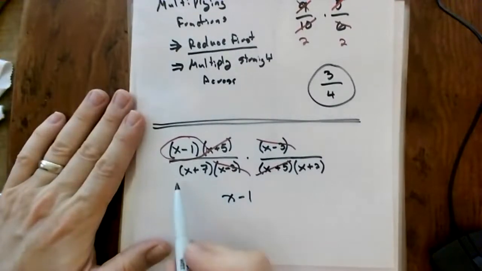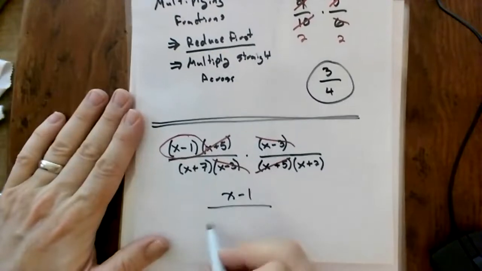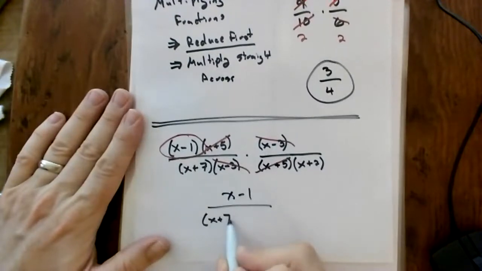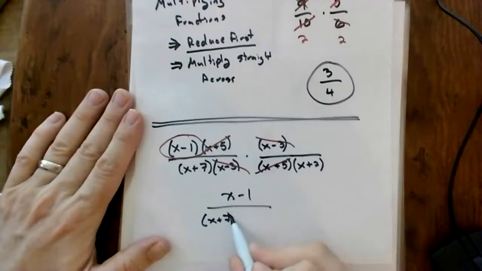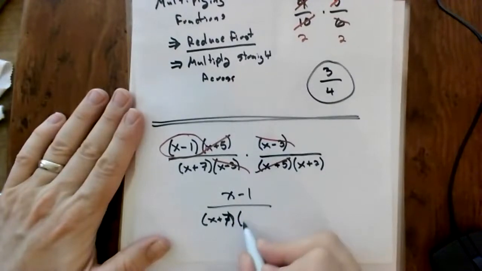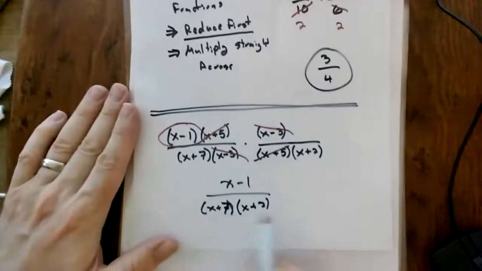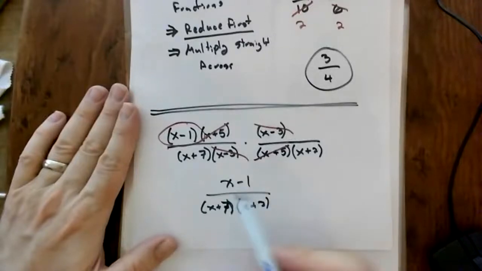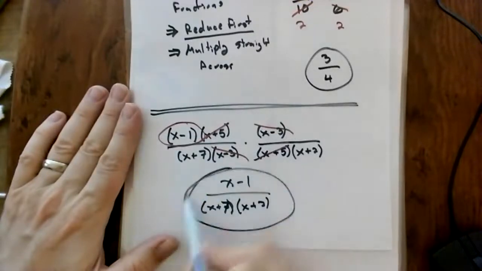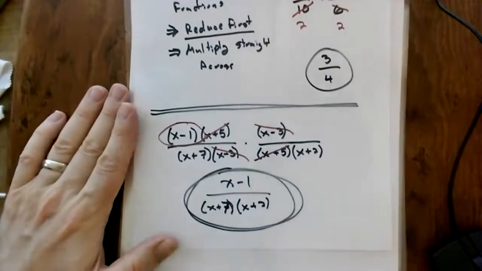My only remaining factors in the denominator are that x plus 7 and x plus 2. Now if I want to, I could go ahead and FOIL this out, but honestly, it's okay to leave things in factored form.